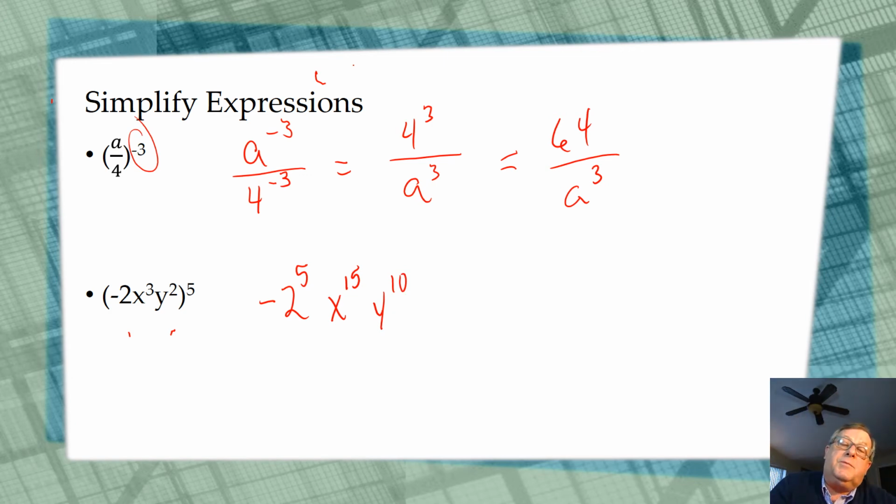Now, I'm not quite finished because I can further simplify this negative 2 raised to the 5th power. So let's see, negative 2 times negative 2, that'd be squared, that's positive 4, times negative 2, that'd be cubed, that's negative 8, times negative 2 again would be to the 4th power, gives me 16, and taking negative 2 to the 5th power, 16 times negative 2 is negative 32, x to the 15th power, y to the 10th power, and shazam.